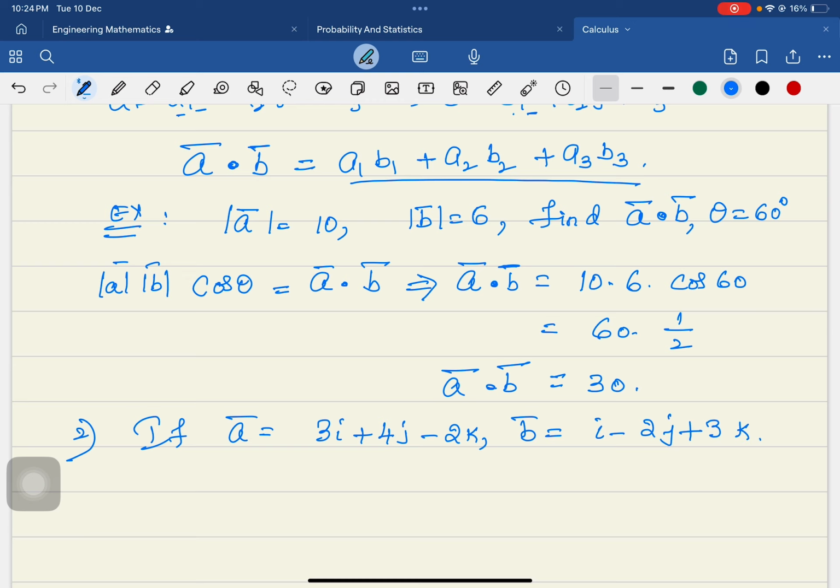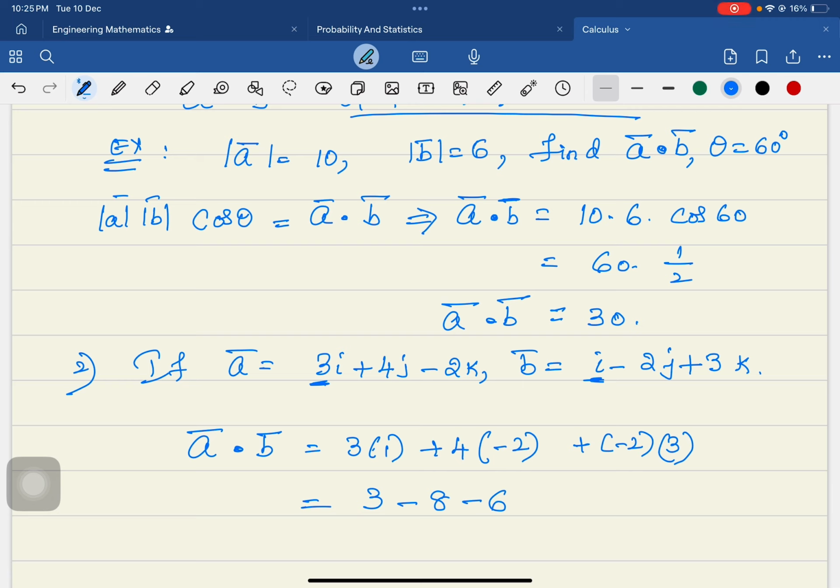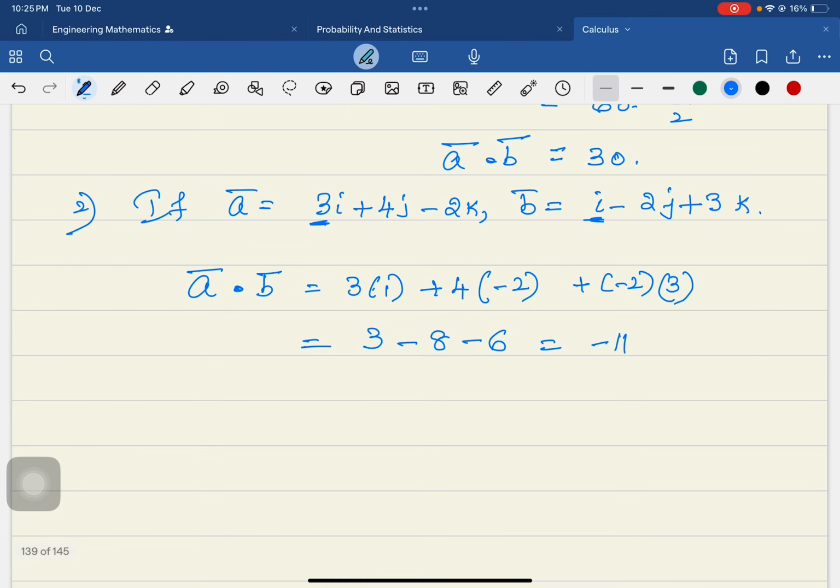Our job is to find A dot B. The i component is 3 in A and 1 in B, so it is 3 into 1 plus 4 times minus 2 plus minus 2 times 3. So it is 3 minus 8 minus 6, which is minus 11. So A dot B is minus 11. This is the way you find the dot product.